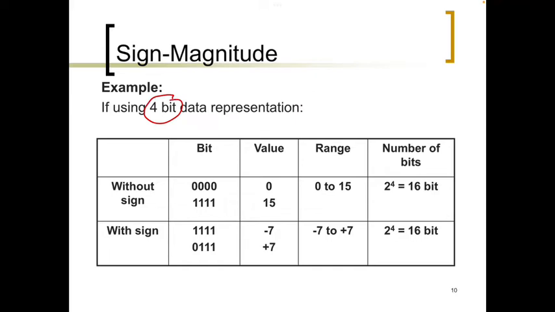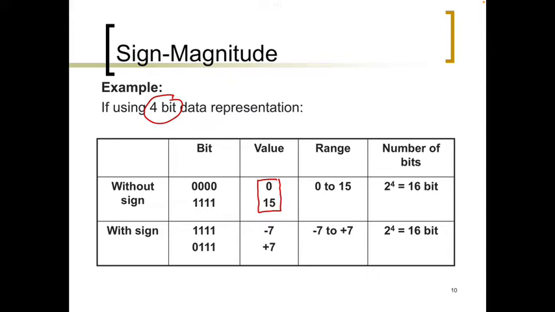To understand the disadvantages that I just mentioned, we refer to 4-bit data representation. We do not need 8-bit, 32, or 64 bits right now. Without sign, that means we didn't use the sign magnitude. The value that we can use is between 0 to 15.